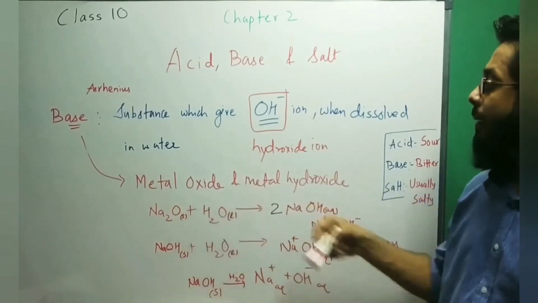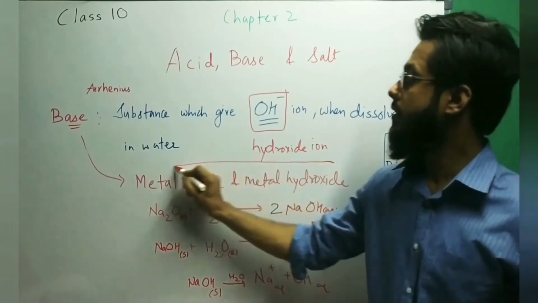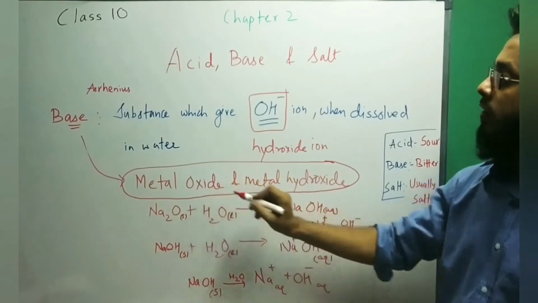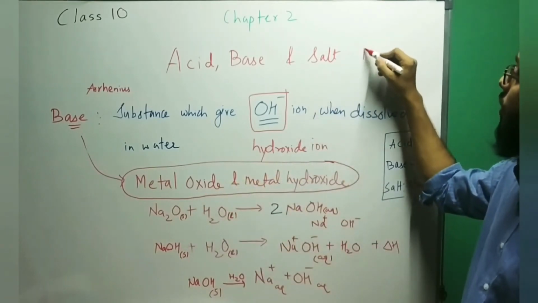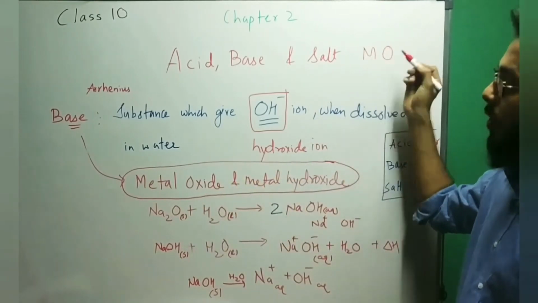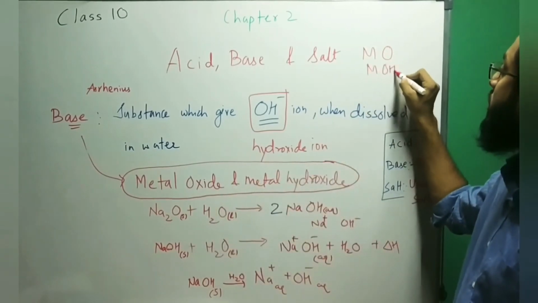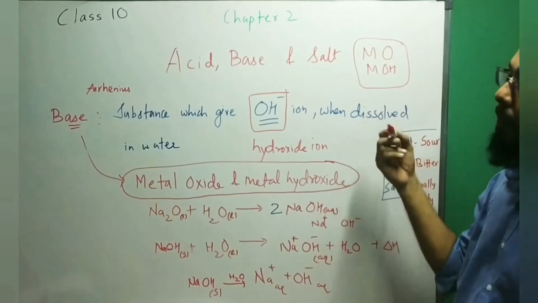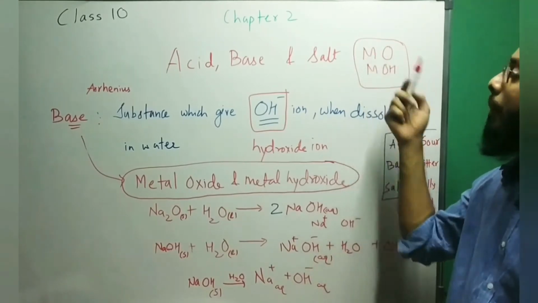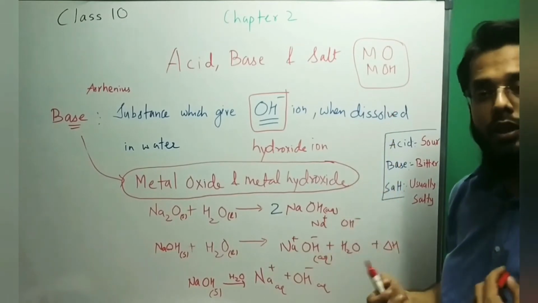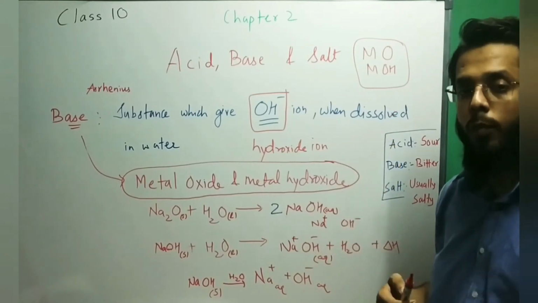Metal oxides and metal hydroxides are bases. Metal oxide, for example MO, and metal hydroxide MOH, for example NaOH, KOH, or metal oxides like calcium oxide, zinc oxide. Zinc oxide actually has a dual nature, which we're going to talk about later.